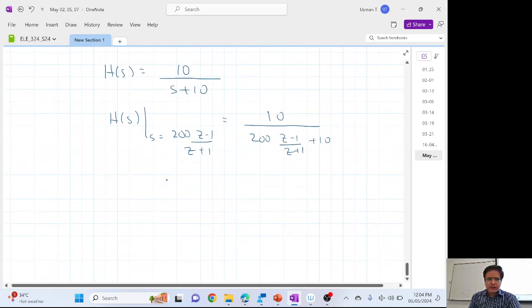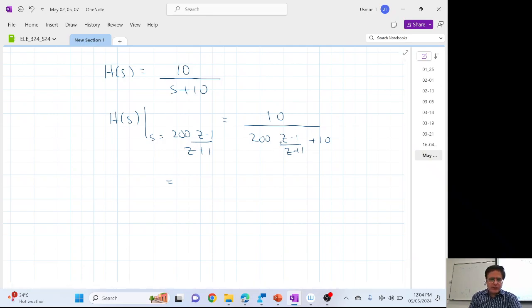I can take things common, or let's say divide by 200 on both numerator and denominator. So let's do that. Let me pull up my calculator.